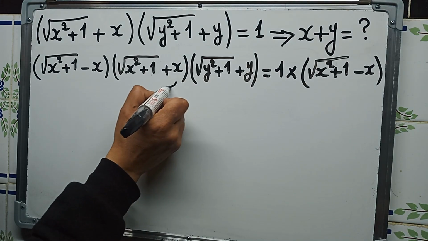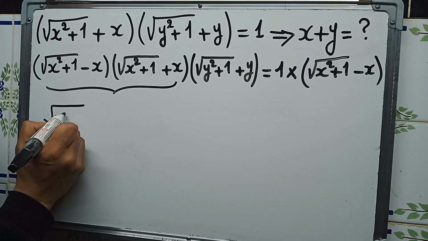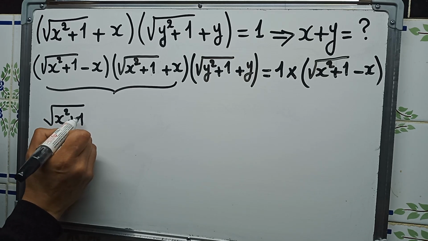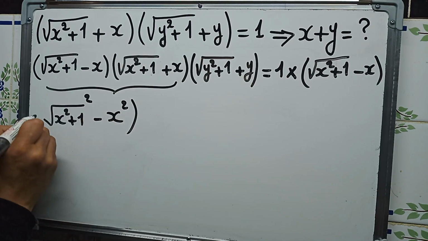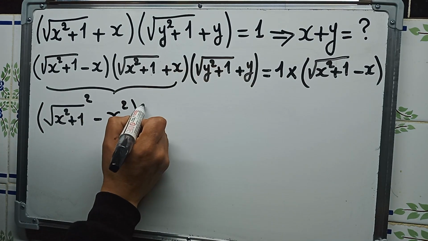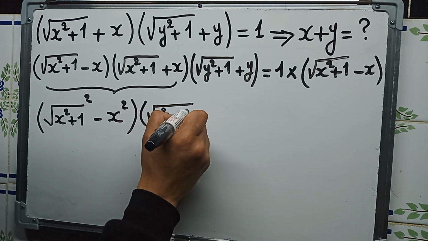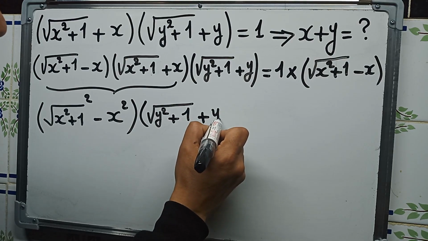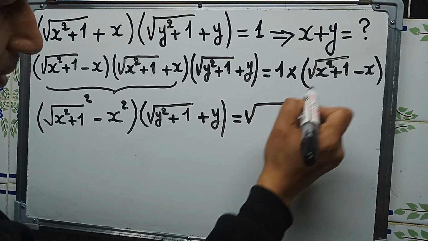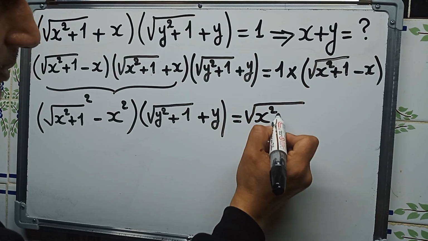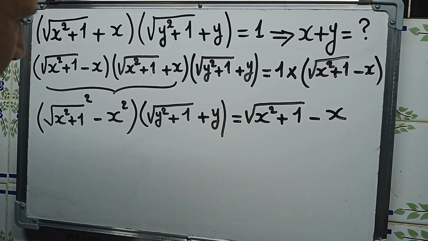Now here we have a special product, so we will have square root of x squared plus 1 squared minus x squared, times this number, square root of y squared plus 1 plus y, and 1 times this number is just this number, square root of x squared plus 1 minus x.